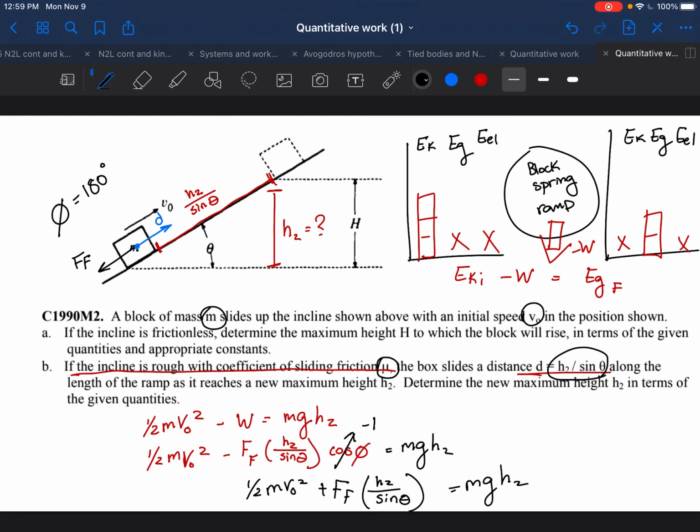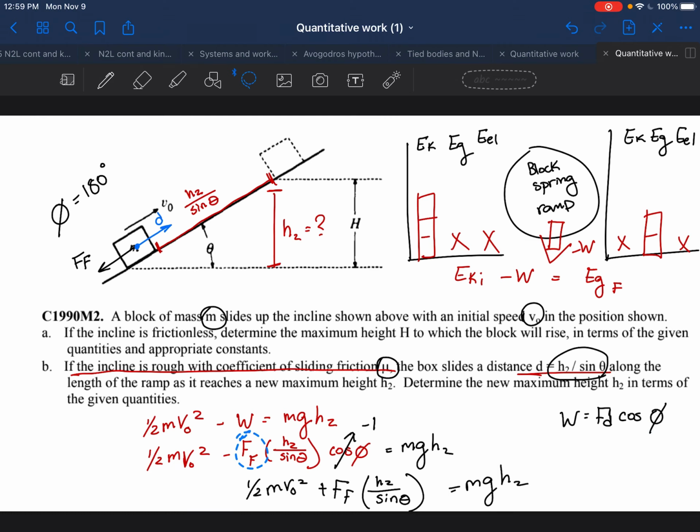Well, because we knew that work is F d cosine of an angle, and in this case, since theta was already the angle of incline, we're going to use phi, not to get those confused. So phi is the angle between the force vector and the displacement vector, and theta is the angle of the incline.